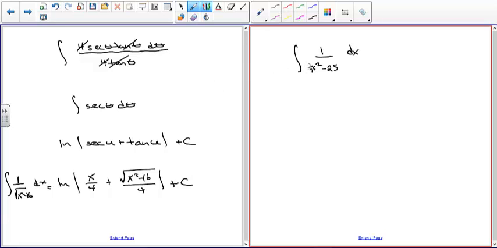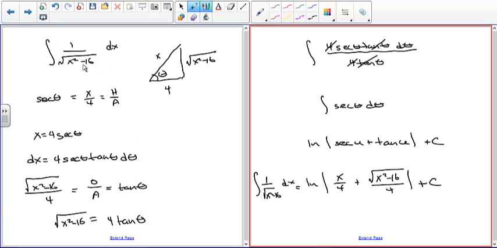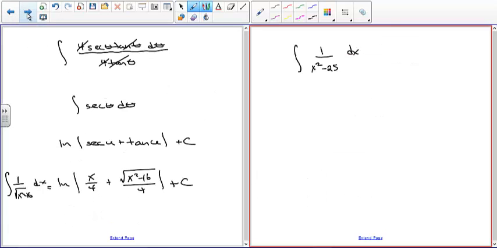Remember, we know that 1 over x squared plus 25 involves the arctangent. But what we have is x squared minus something, which actually is just like this one, right? Except it's not in a square root.